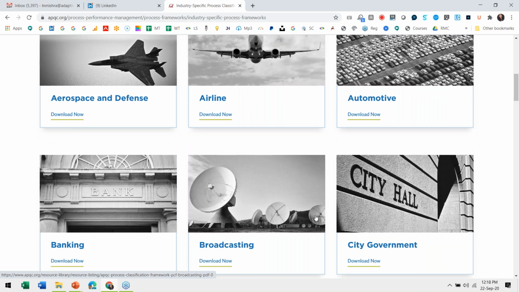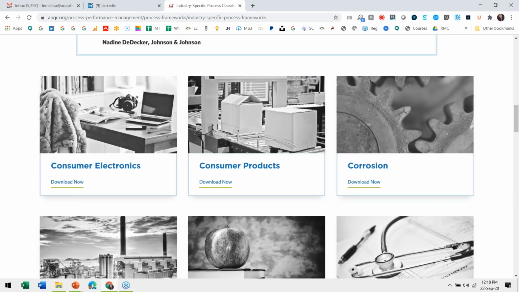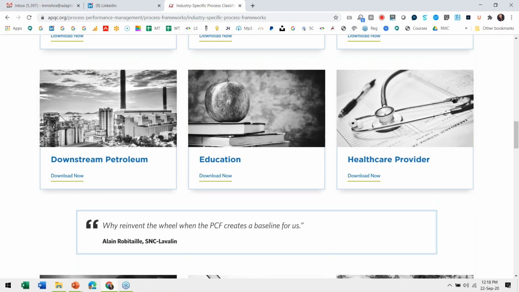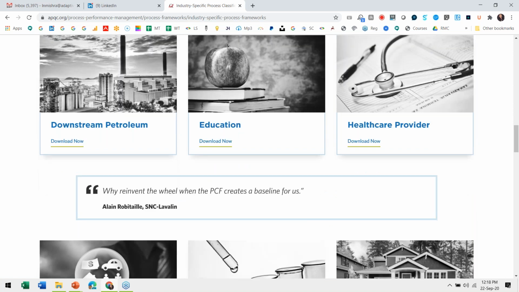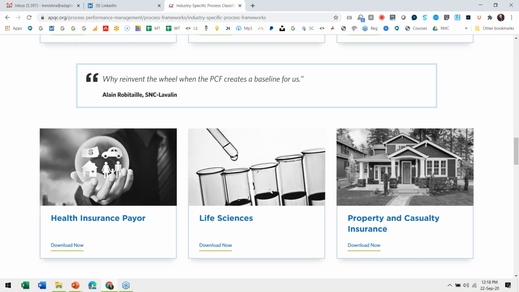If you go down, consumer products, consumer electronics, petroleum, healthcare, you name it, it will be there. So if you are targeting a particular domain, this could be a great starting point. There are, of course, other resources on the internet which you can also rely on to get some understanding about the domain or industry that you are trying to join.